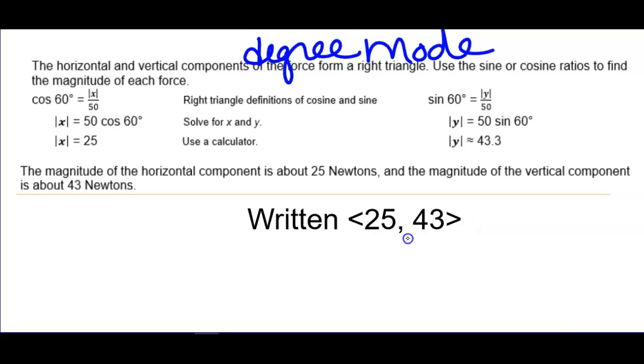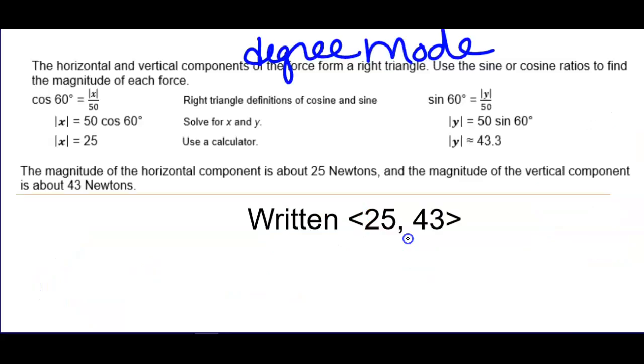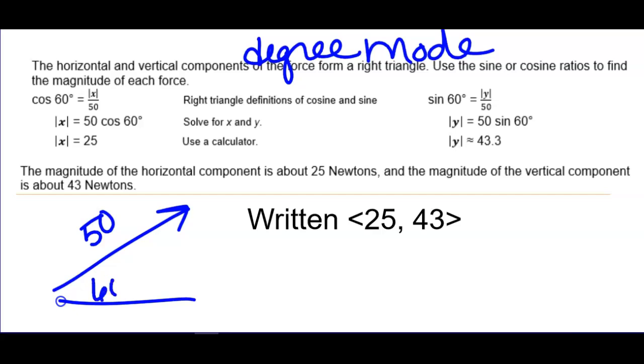And as long as you do the angle off the positive x-axis, it will take care of the signs as well. So this is saying the force generated by him pulling 50 newtons at an angle of 60 degrees is a horizontal force of 25 newtons and a vertical force equal to 43 newtons. Okay?